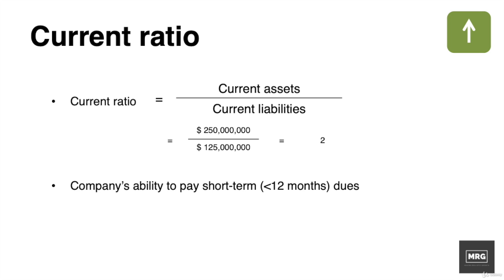The current ratio measures the company's ability to pay short-term, or less than 12 months, dues. If the current ratio is 2, it means that today, if the company liquidates all the current assets that they have, they could pay 2 times the current liabilities that they have.